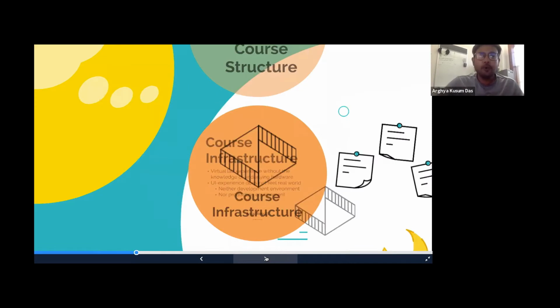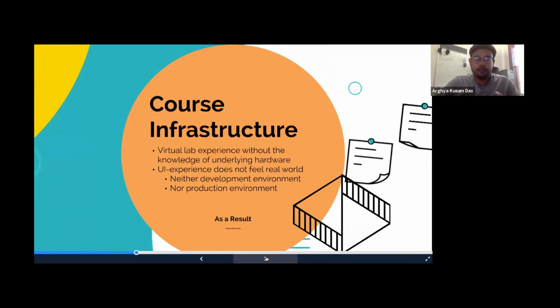The second one is infrastructure related issues. In the online mode, of course, there is a virtual lab experience, but the UI experience does not feel like the real world. Many times you will work on, let's say, a web-based C++ compiler or a web-based Python compiler.